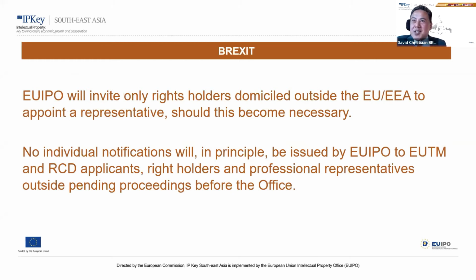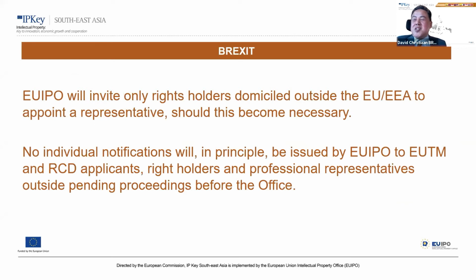As you will realize, if we have so many registered IP rights, it is not possible to notify each applicant or each representative individually. So it was decided that no individual notifications will be sent, unless there are pending procedures, then the parties will be notified.